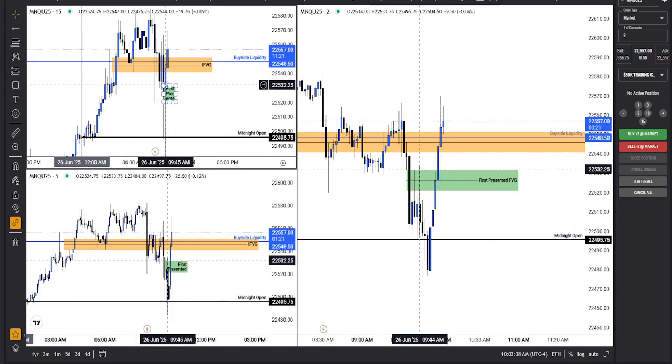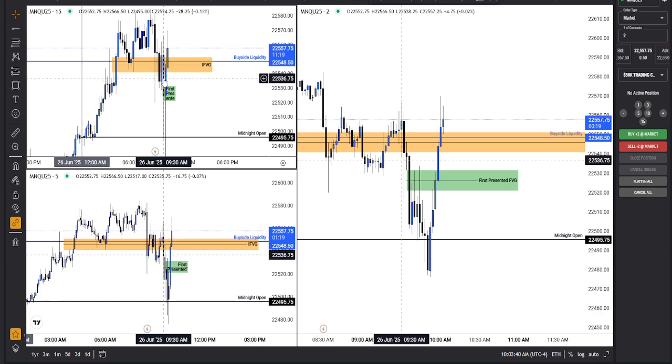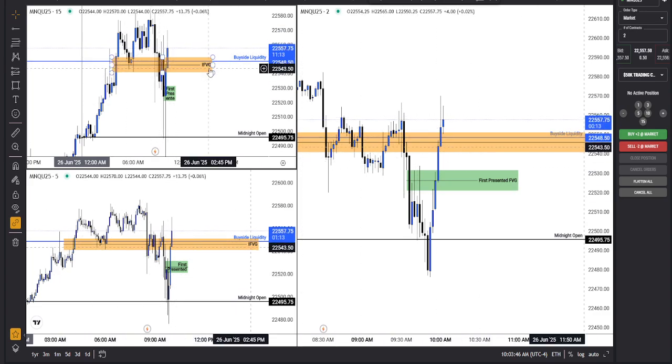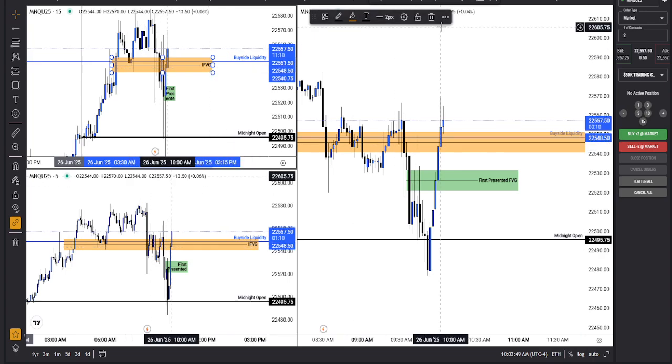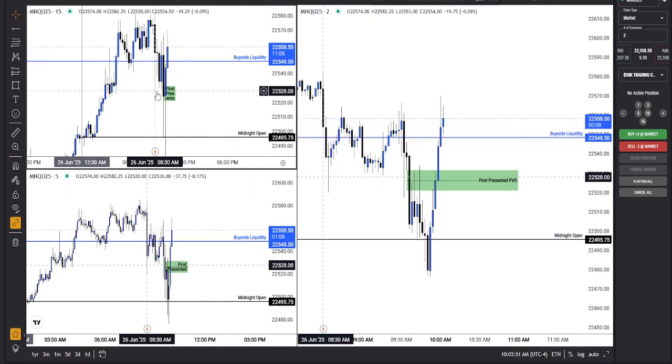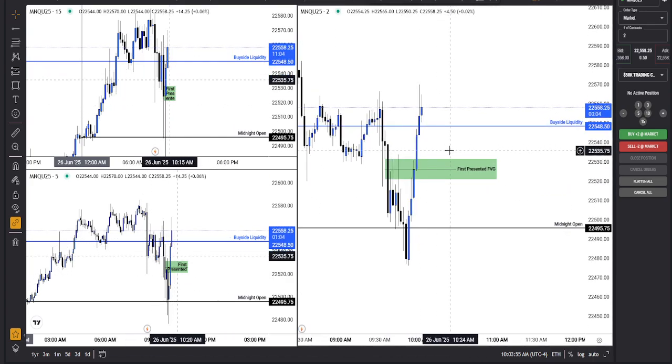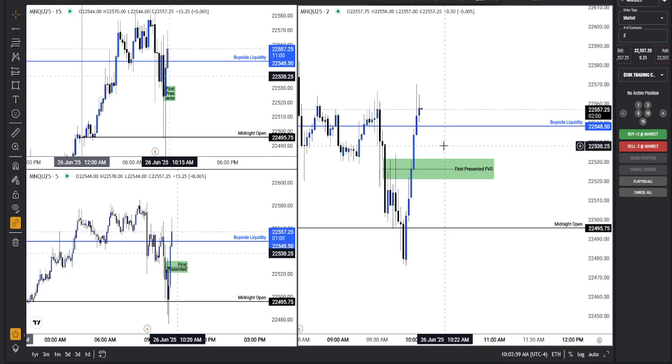It's a bullish order block right here. I'm gonna qualify this as a bullish order block, which kind of disqualifies this fair value gap now, it seems. Like a down close candle.